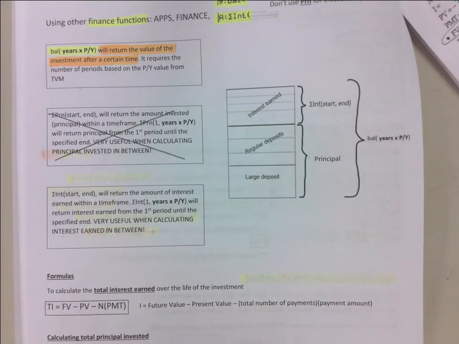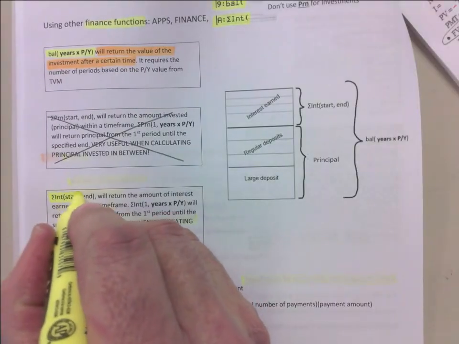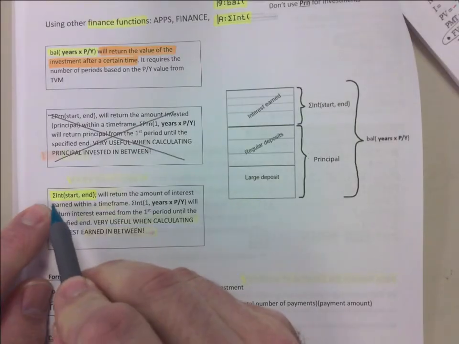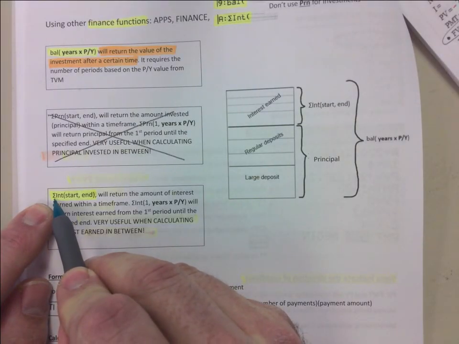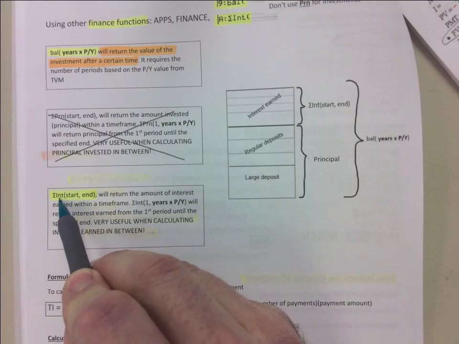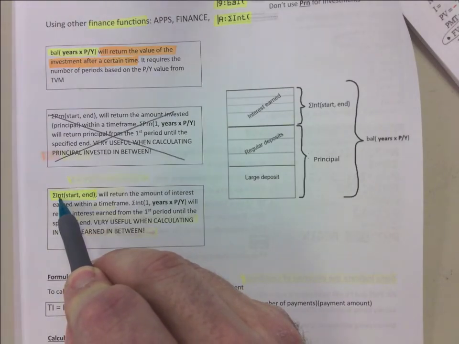And then the other function I want you to be able to use is sum of interest. That's the sigma notation, by the way, and it means add up. Yeah, sigma. Still a thing, right? It will add up all the interest that you've earned, and it will give you that, okay?